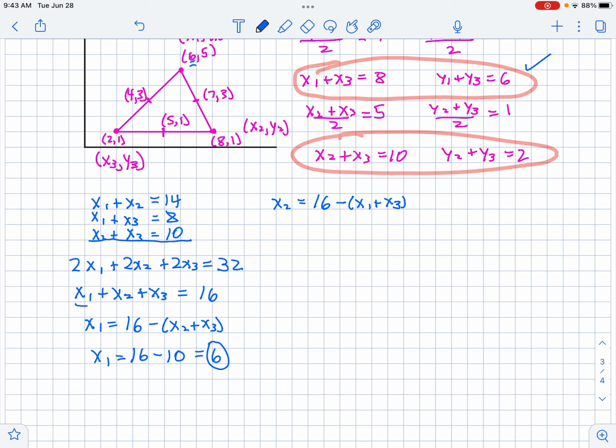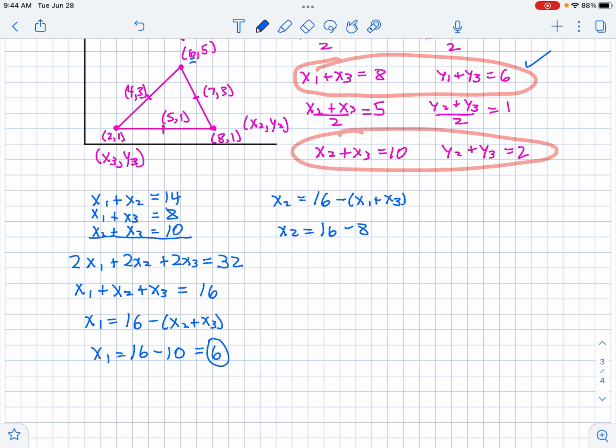I'm just solving this thing. So x2 is equal to 16 minus x1 plus x3, which is 8. So that's what x2 equals, and there's 8 right there.